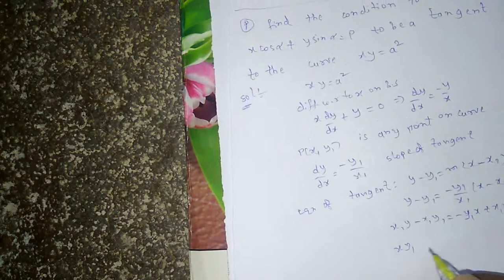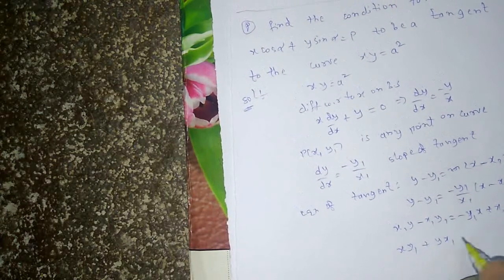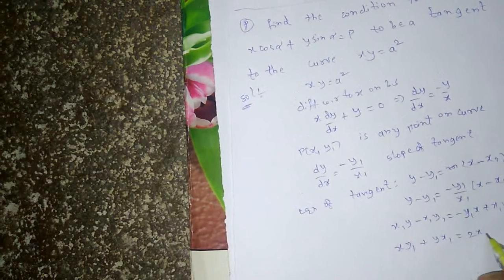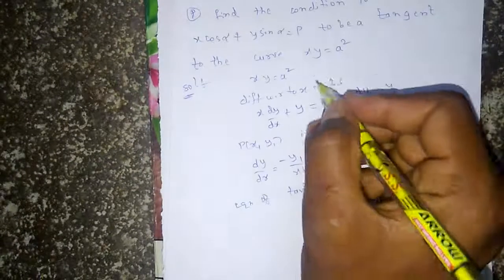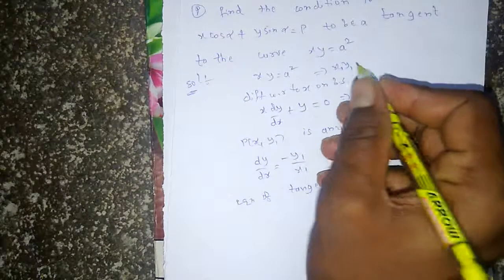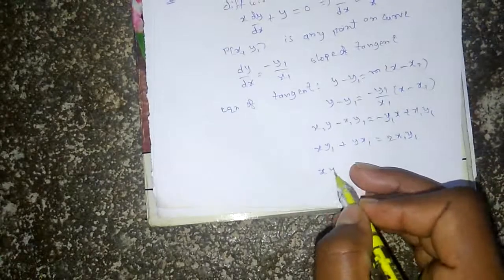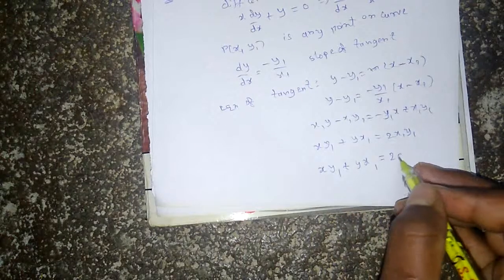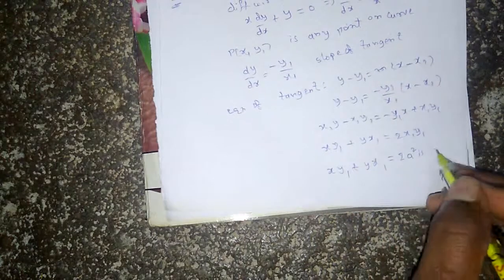This is xy1 plus yx1 is equal to 2x1y1. So here point lies on the curve, therefore x1 y1 is equal to a square. Now substitute here, that is xy1 plus yx1 is equal to 2a square is the equation of any tangent.